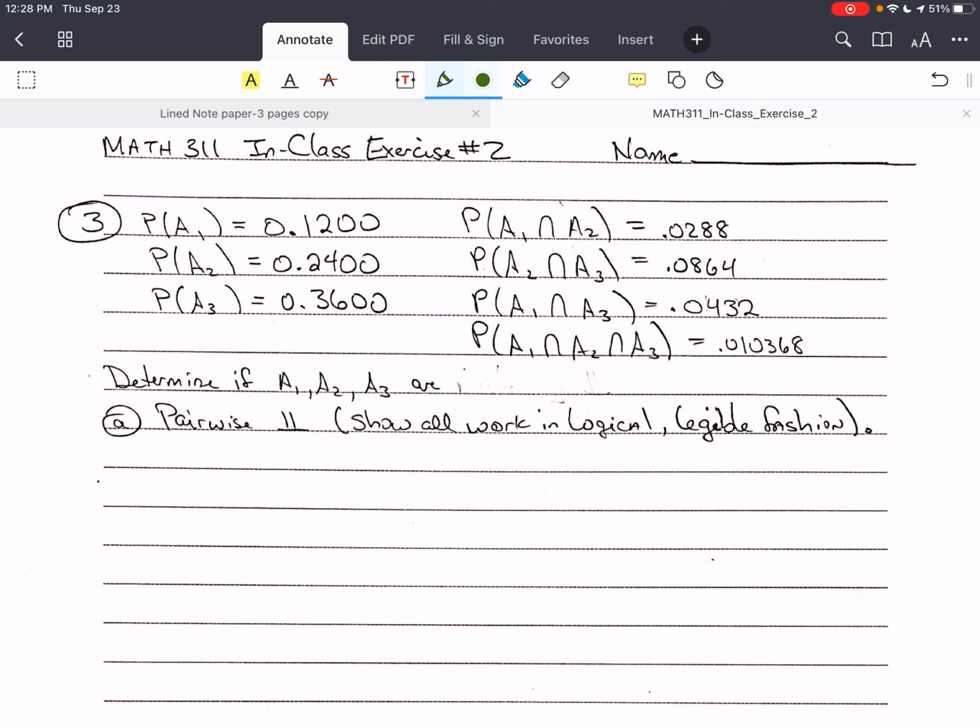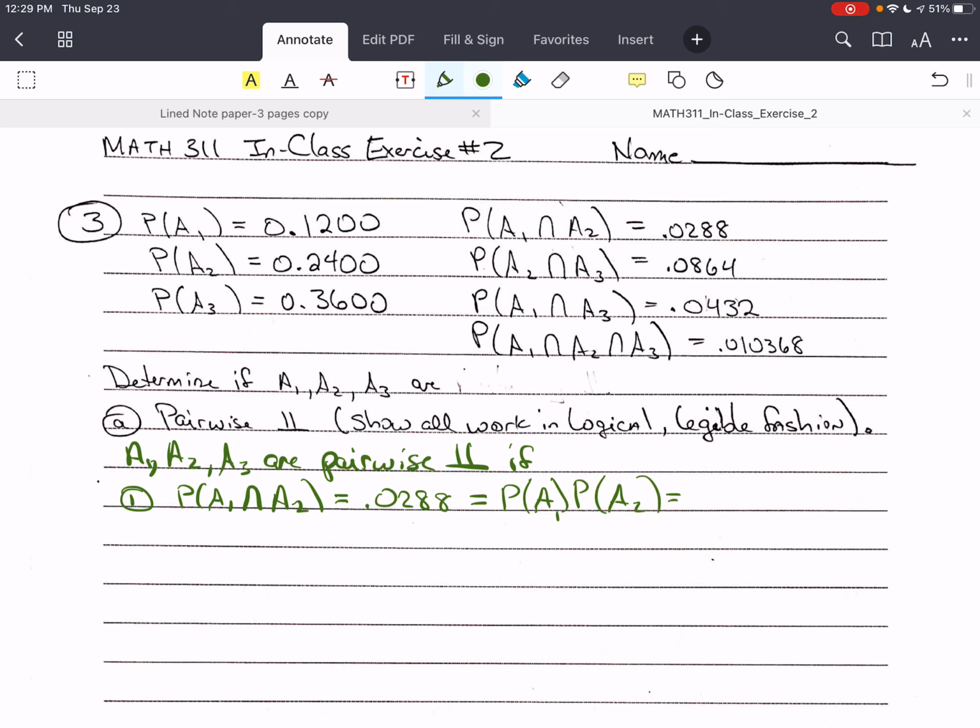So, these are pairwise independent if, 1, the probability of A1 and A2, which is equal to 0.0288, equals the probability of A1 times the probability of A2, which is equal to 0.12 times 0.24, which is in fact 0.0288.